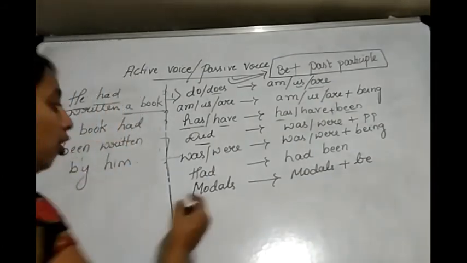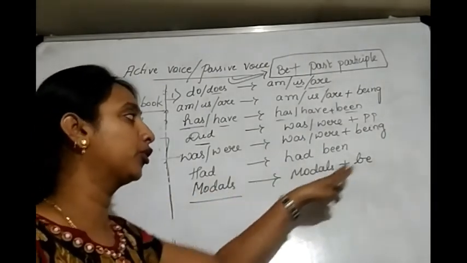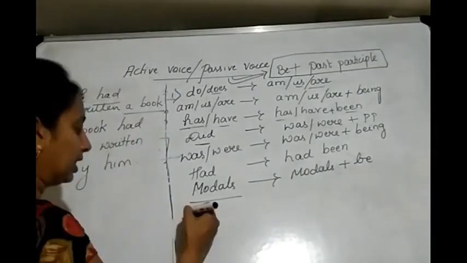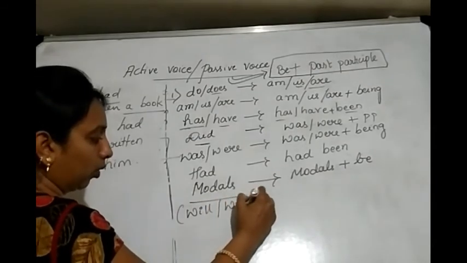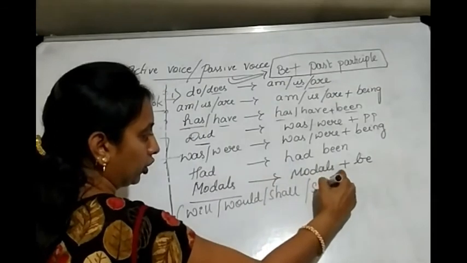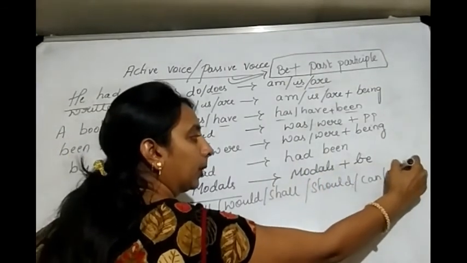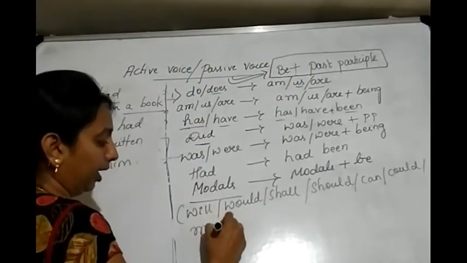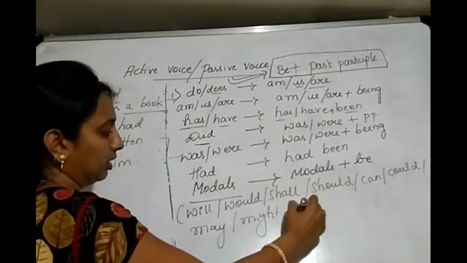So modals, I have written. If modals are used, then we have to use be with modals. First we should know which are the modals. Modals means will, would, shall, should, can, could, may, might, must.